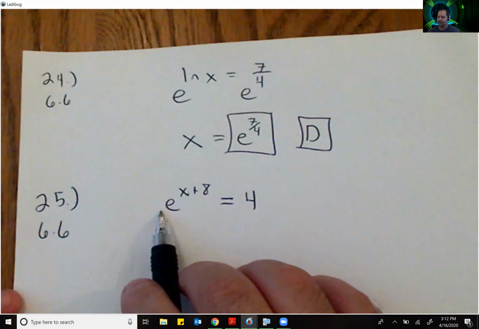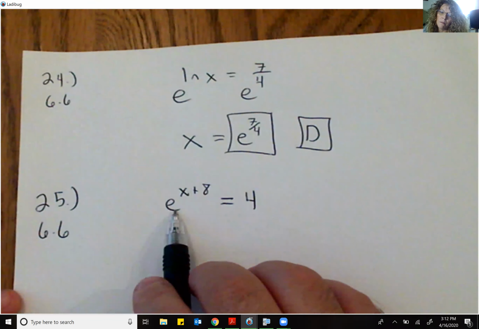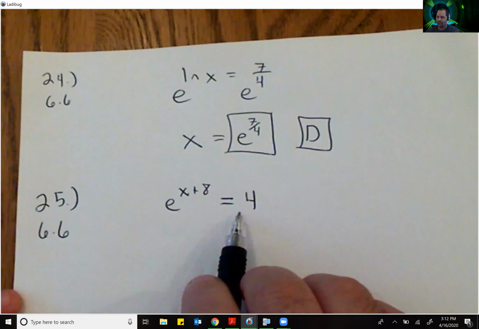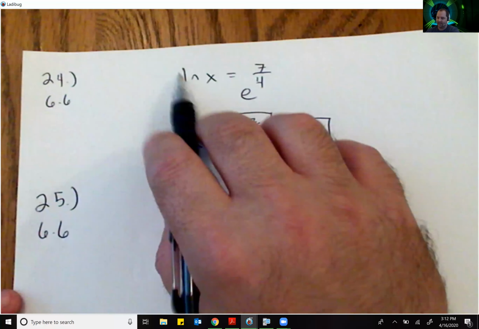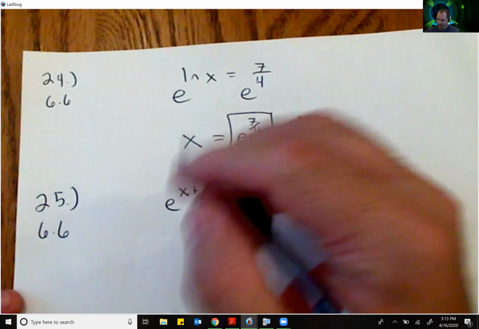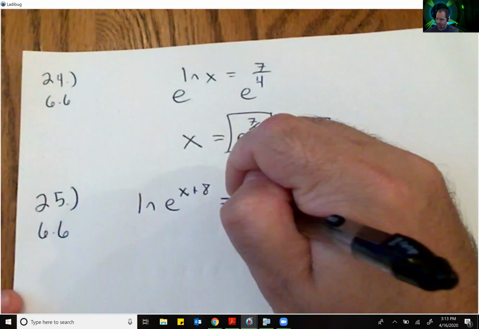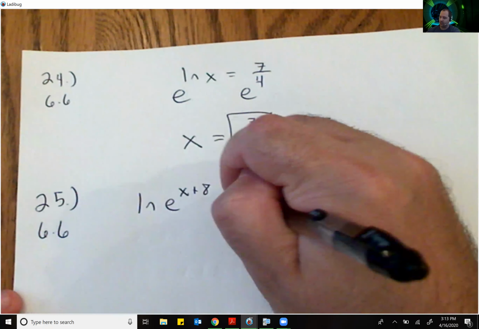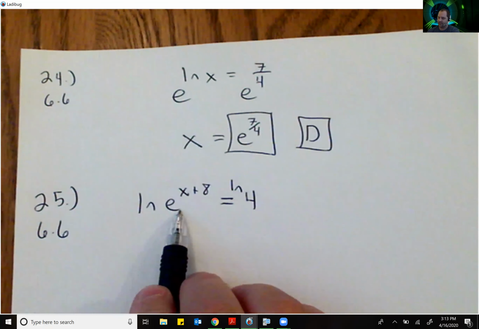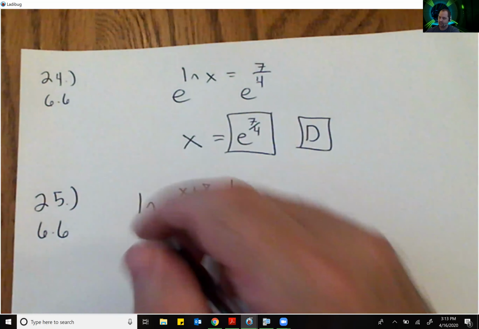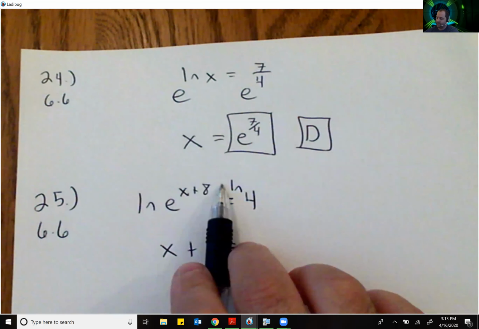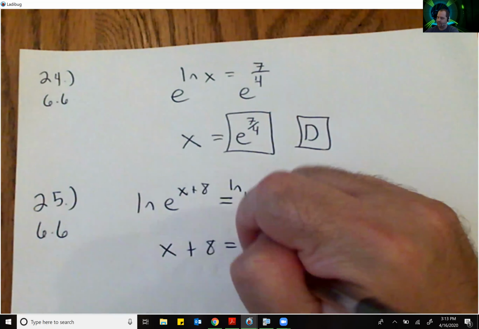How do I get rid of the e? ln. We're going to take an ln of both sides. Just like before, how did I get rid of ln? I raised it to the e. So we're going to ln both sides. So the ln and the e cancel each other out, leaving us with x plus 8 equal to, and over here, that is now ln of 4.